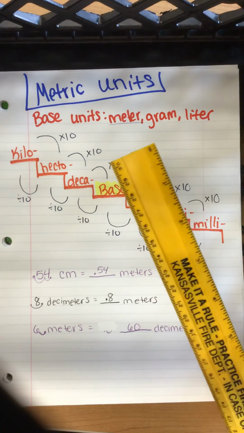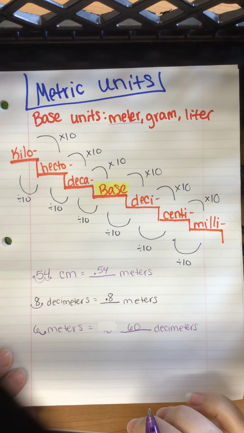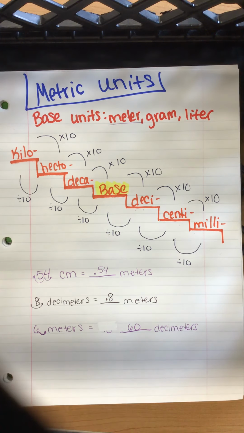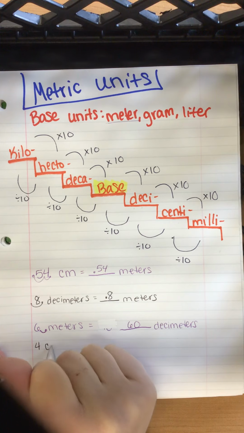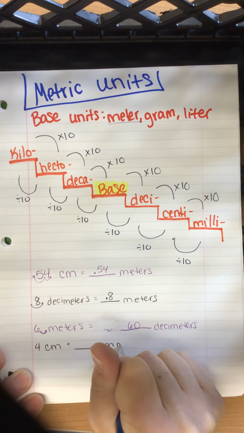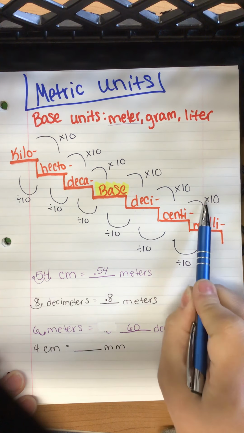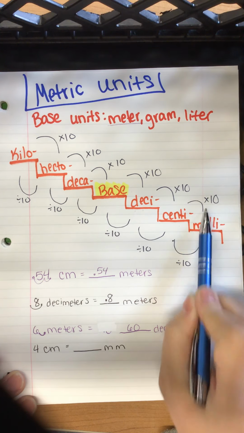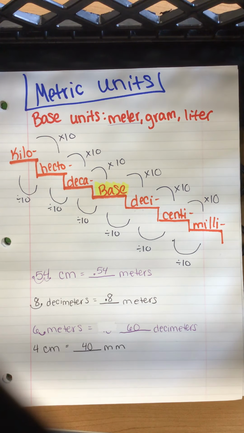So the smaller the unit, the bigger the amount when you're converting. All right, so let's do 4 centimeters equals blank millimeters. So centimeters is here, millimeters is here. I'm multiplying by 10. 4 times 10 is 40.